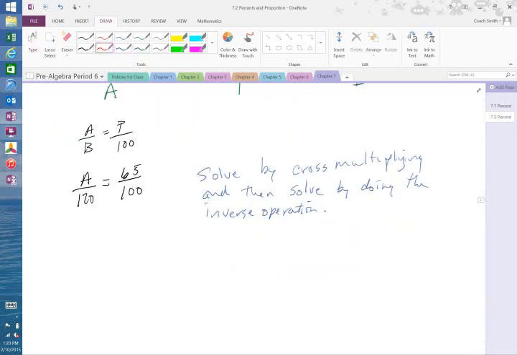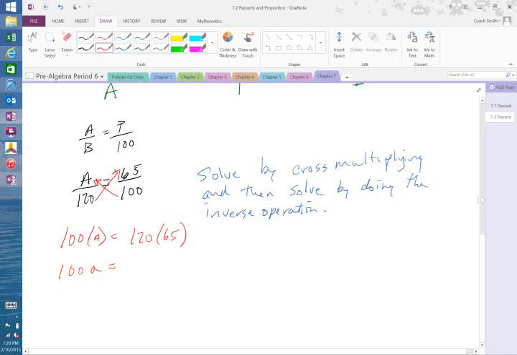To cross-multiply, we take 120 times 65 and 100 times A. So we have 100 times A is equal to 120 times 65. 100 times A is just 100A. What is 65 times 120?